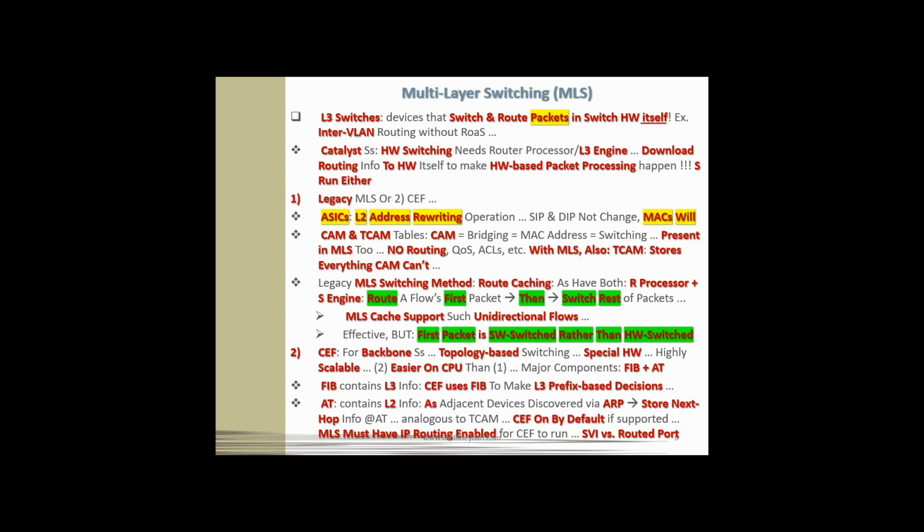Later, you can verify addressing and status for the routed port on the MLS with the show interface command. You can see whether the IP line protocol is up, and also you can verify the layer 3 status of that routed port with show interface switchport to make sure that the layer 2 switchport is disabled for the routed port.